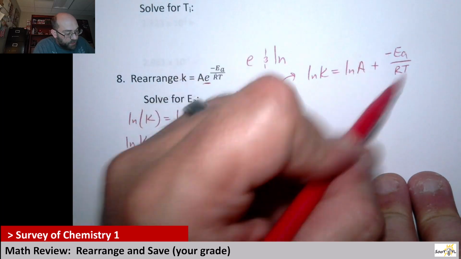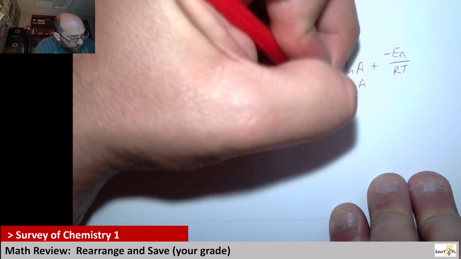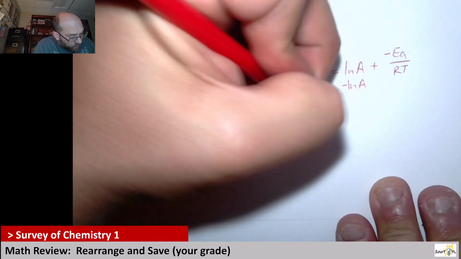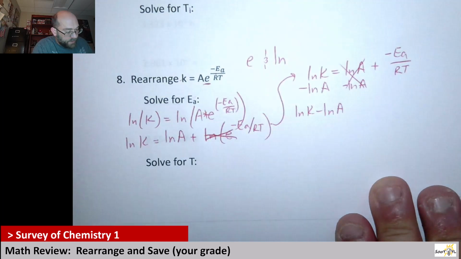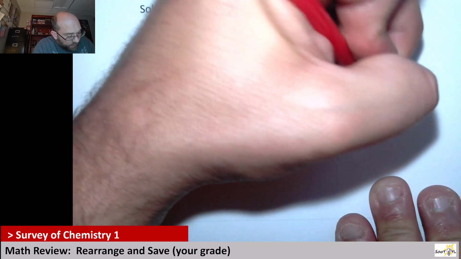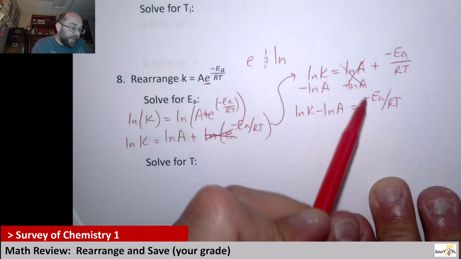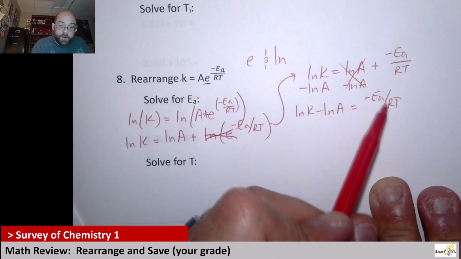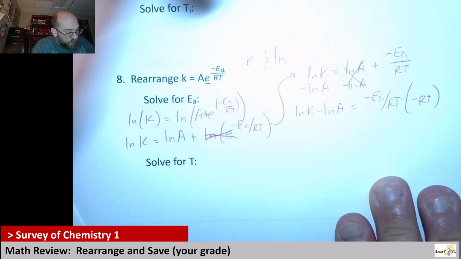Okay, so what do we have? We've got addition between these two, so I can subtract natural log of A from both sides to give me natural log of K minus natural log of A, and now it's gone from this side, equal to negative EA over RT. All right, and so I need to get EA by itself, so I can get rid of this division by multiplying both sides by negative RT.